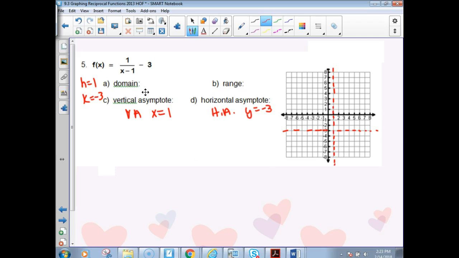Because those are asymptotes, they are restrictions to the domain. So the domain is all reals except 1. X can't equal 1. And the range, all reals except y cannot equal negative 3.